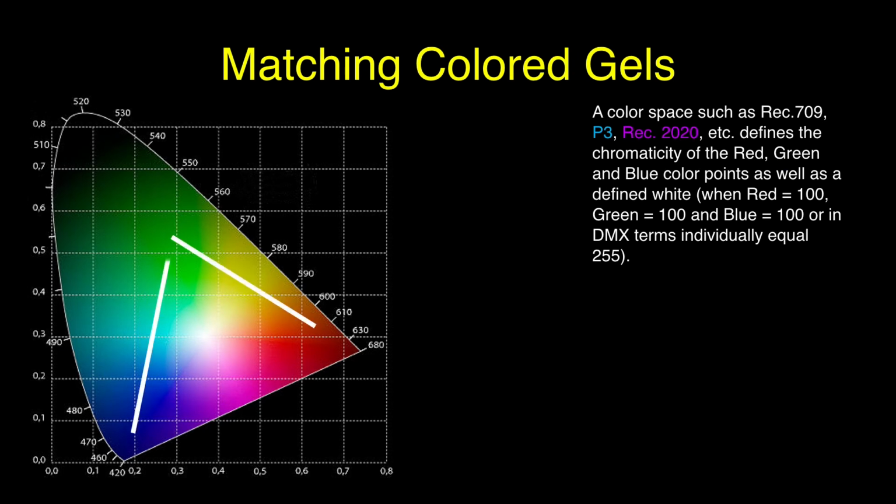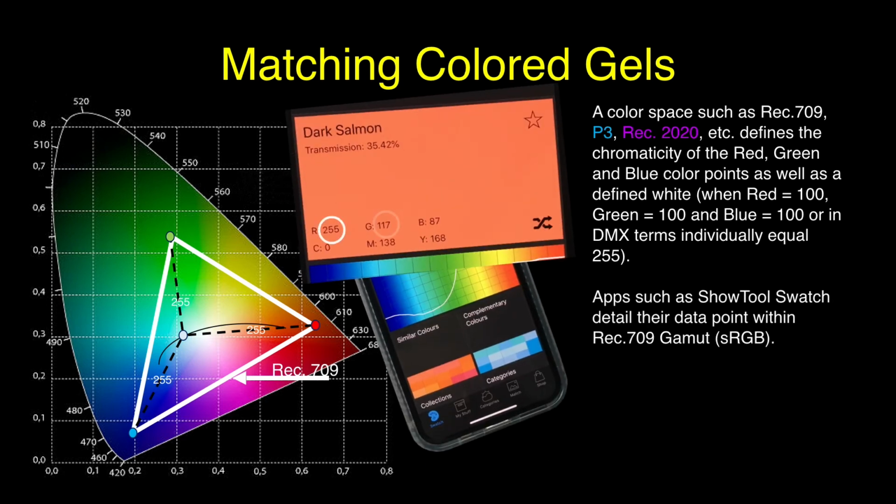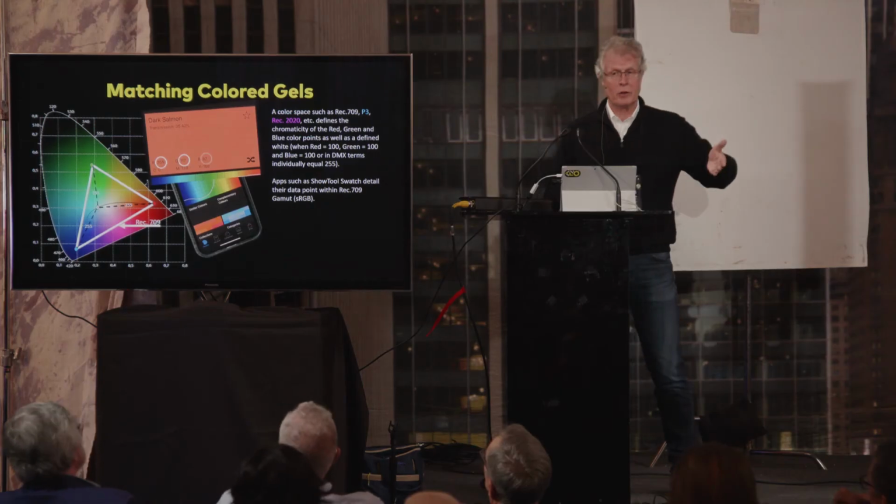There are other ways of generating or trying to come up with color gels. We just have to think about every color space being defined through mathematical points. So they either do it by percentage, in values of 100, or in 255 increments.